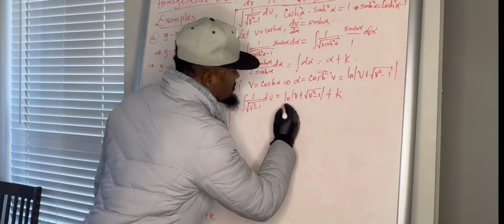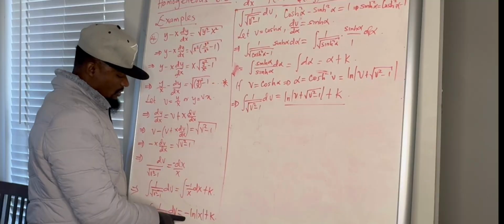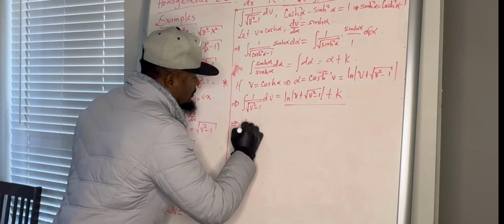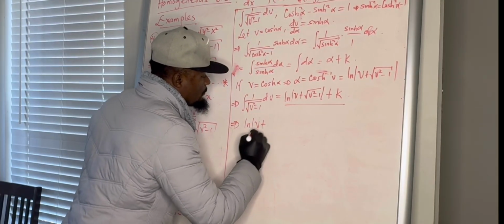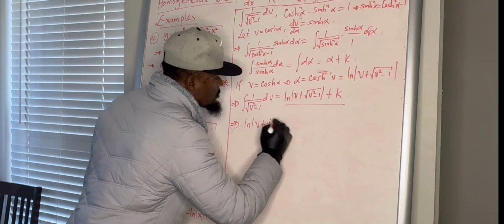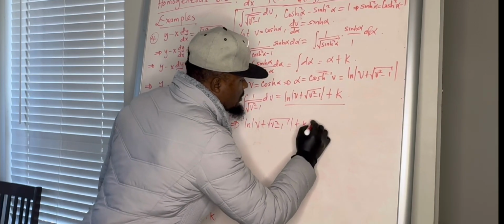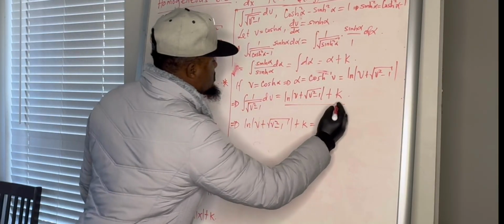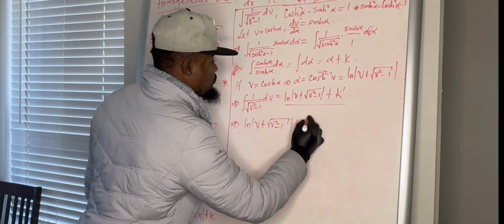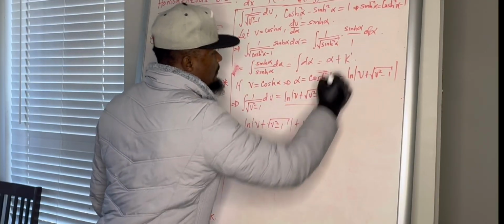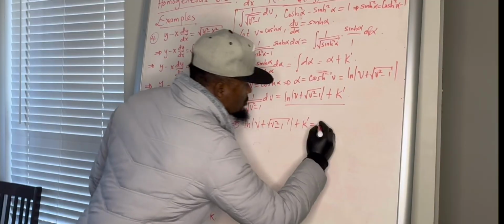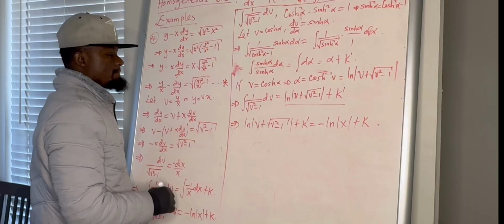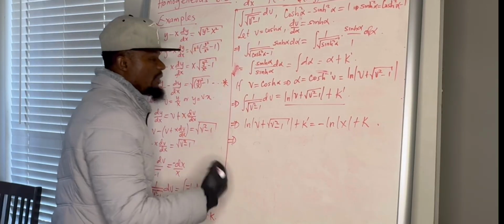But this integral is equal to negative ln the absolute value of x plus k. So ln the absolute value of v plus the square root of v squared minus 1 plus k, now that we used k right here, we can call this k prime, is going to be equal to negative ln the absolute value of x plus k. We can combine the k's together and we have a c.